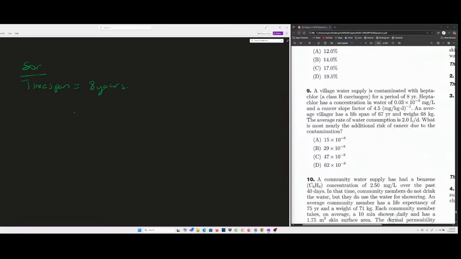And we have the concentration of this carcinogen to be 0.03 times 10 raised to the power negative 3 milligrams per liter. And we have the slope factor. Pay attention to this unit. So our factor is 4.5 milligrams kilograms per day.